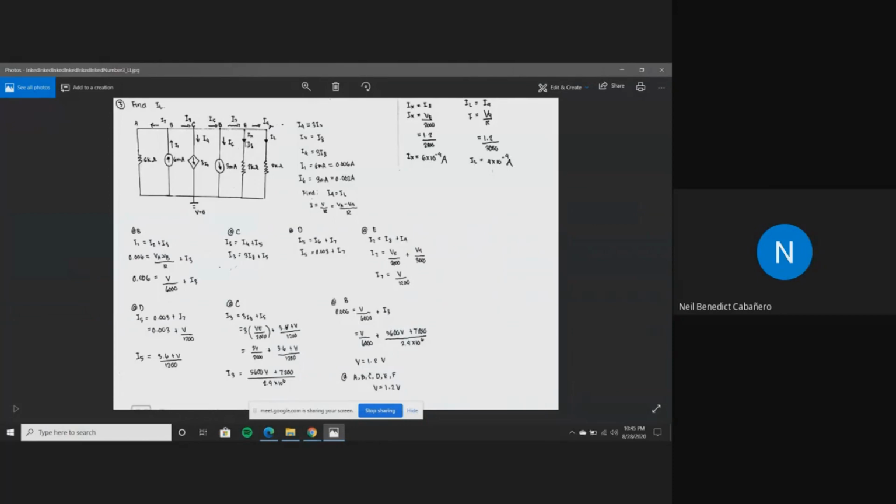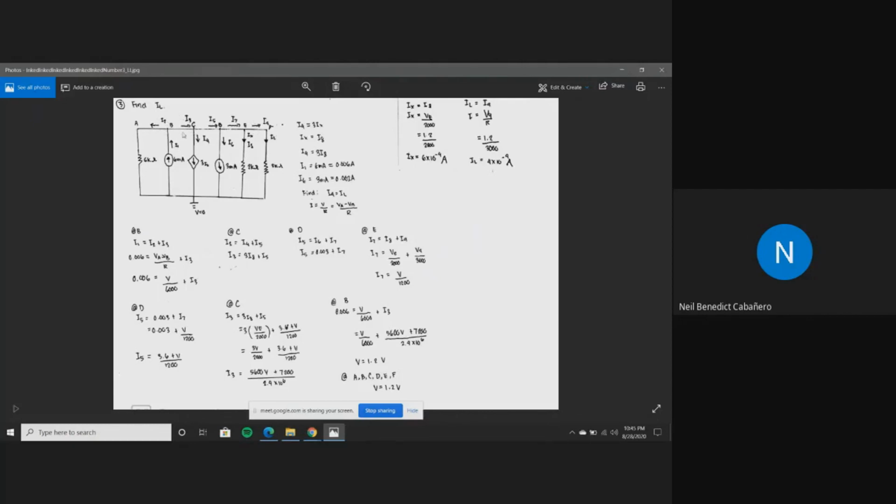We are given the circuit alone, this one. And as what we have searched or observed on YouTube, we use nodal analysis, or the node voltage method. So using that method, we now apply the directions of the current at each node.